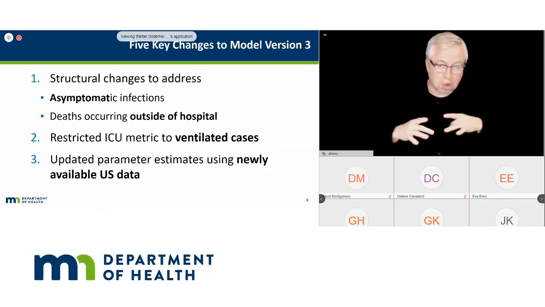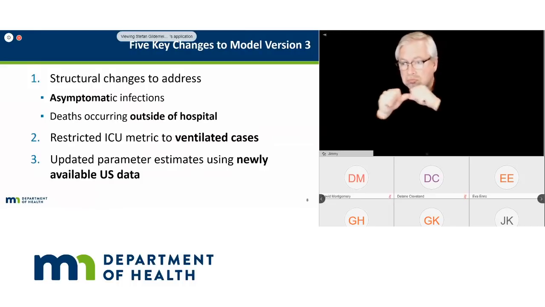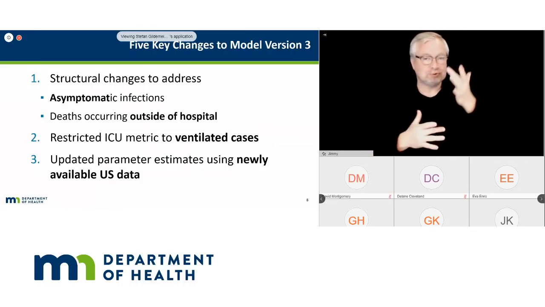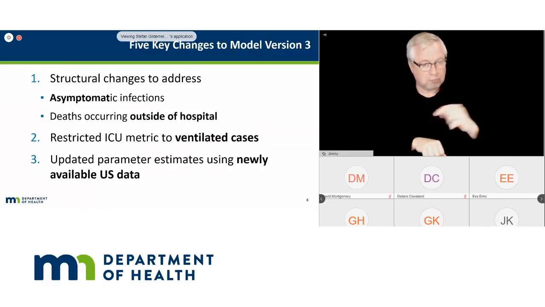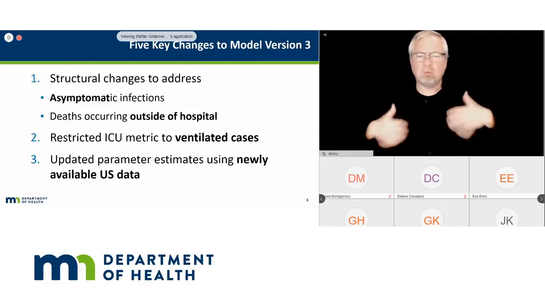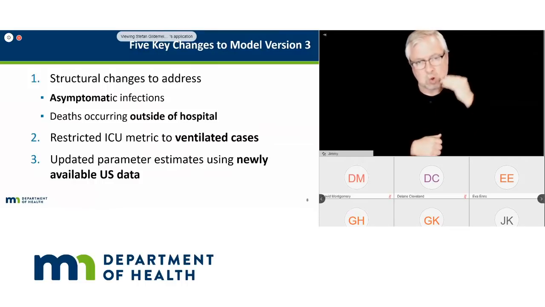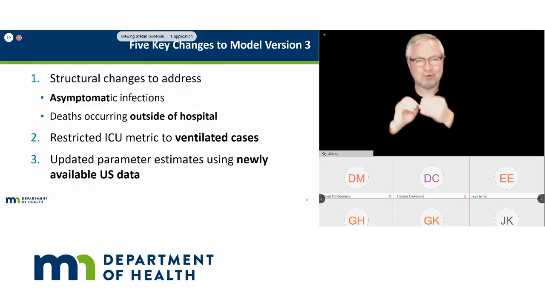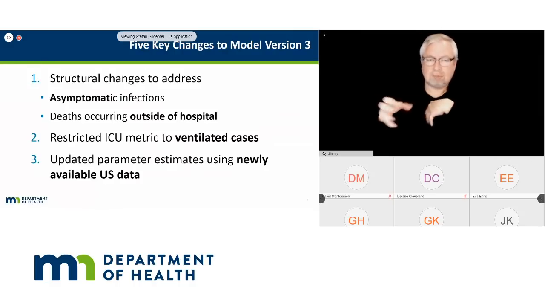We also understand that not everyone who succumbs to the disease has required hospital care or has asked for hospital care. So we need to make sure that deaths in the model can occur outside of hospital settings, whether they're in nursing homes or at home.